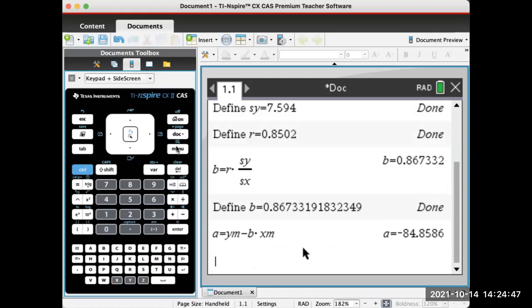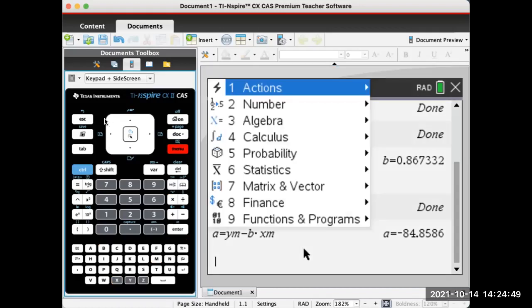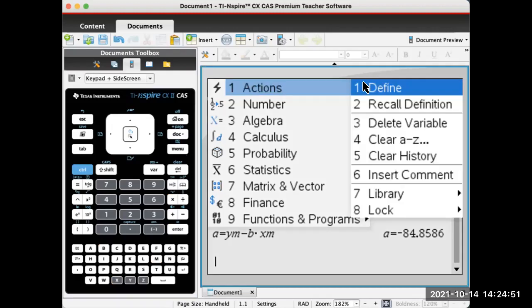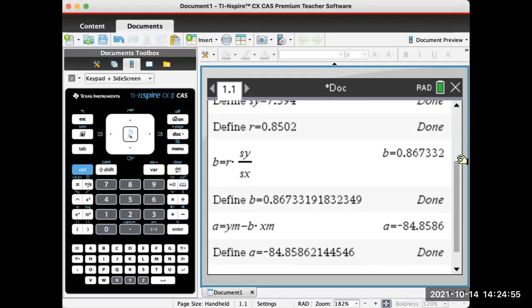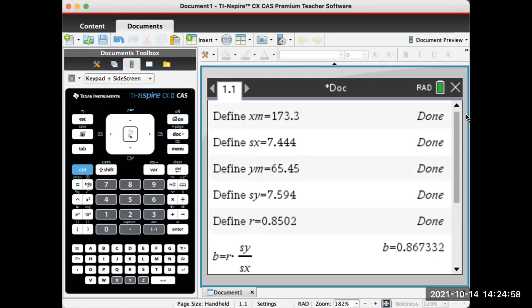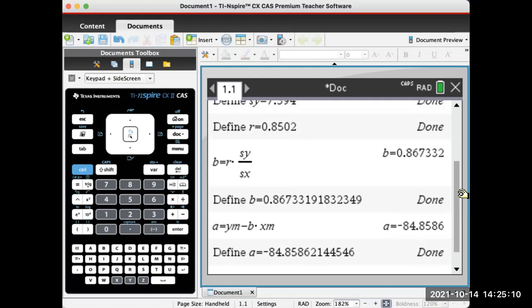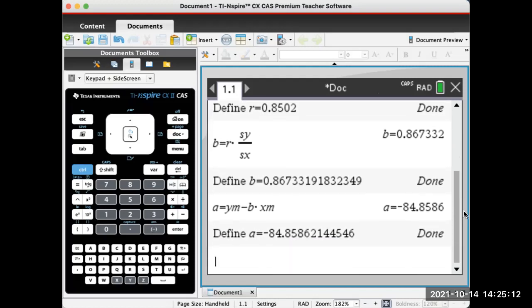So I'm just going to define that. Menu 1, and grab that number, define it. So it was two parts. One was typing in and defining your values. I'll copy and paste that into the notes. And part two was substituting and typing in your formulas.